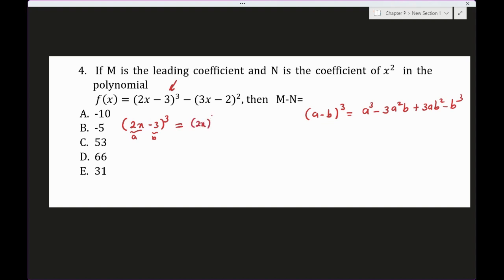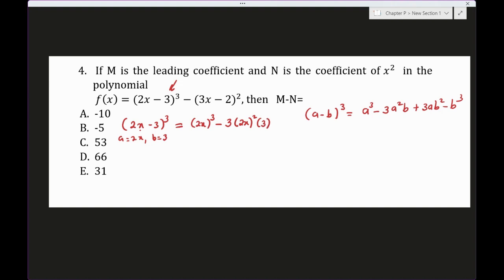So this is going to be 2x to power 3 minus 3 times a. A is still 2x, so you take a as 2x and take b as 3, not as minus 3. Don't worry about the minus. The minus is already factored in the formula. So this will be squared.